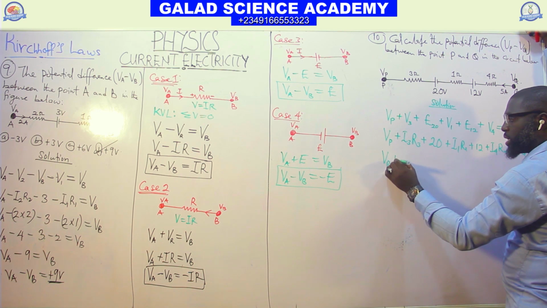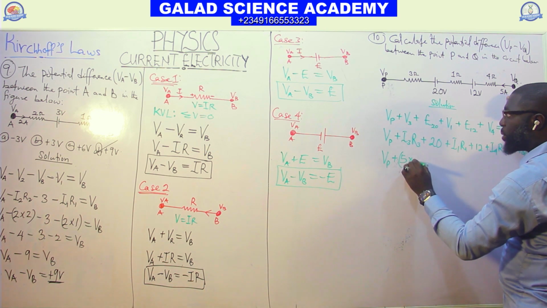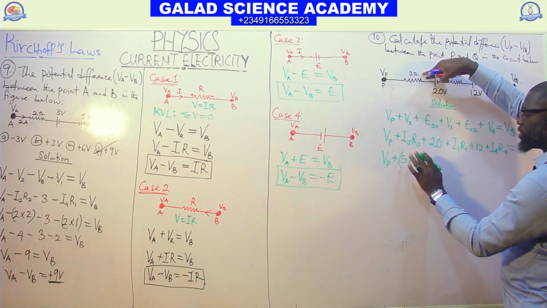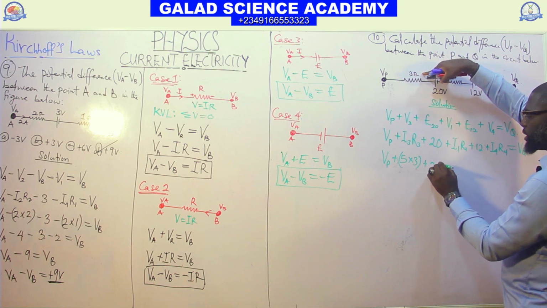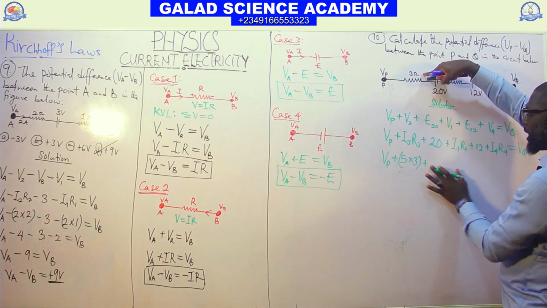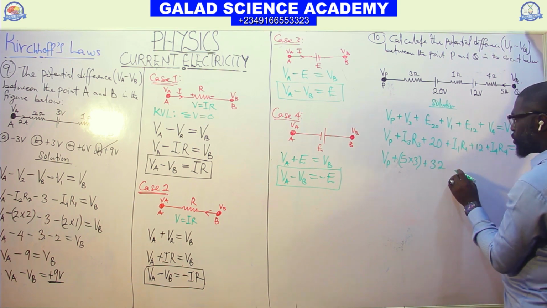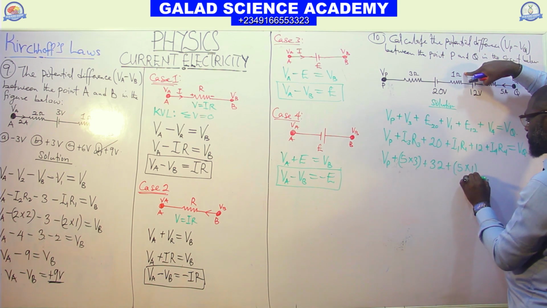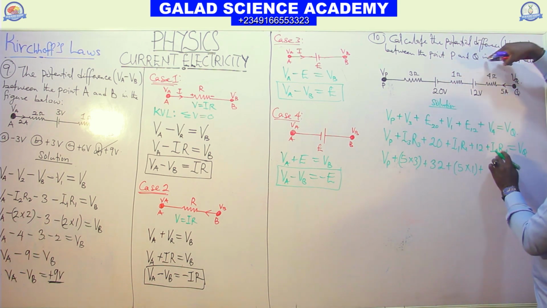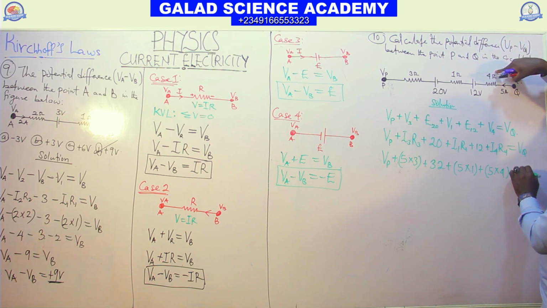VP will be this plus, what is I? I is 5. 5 multiplied by 3 ohms is 15. Then 20 plus 12, added together, gives 32. Plus I, which is still 5, multiplied by 1 ohm. Then plus I, still 5, multiplied by 4 ohms, equal to VQ.